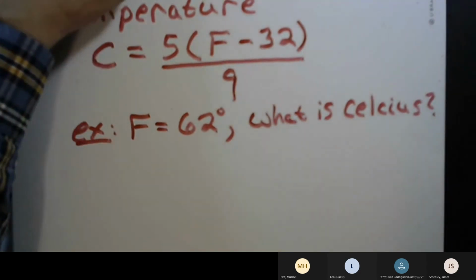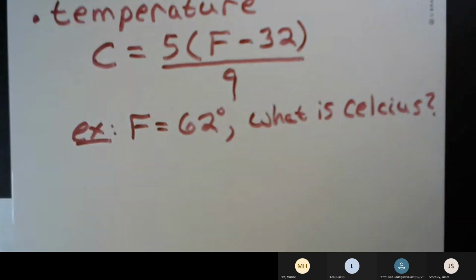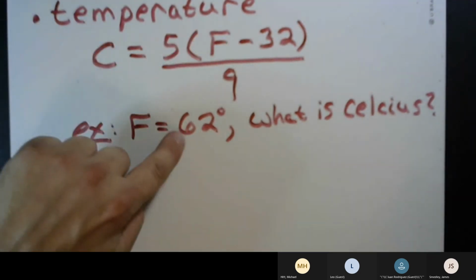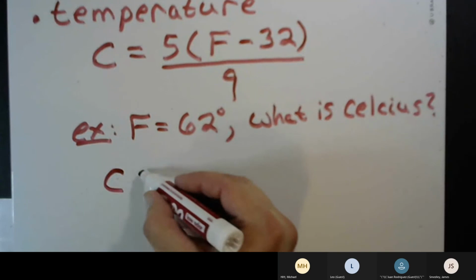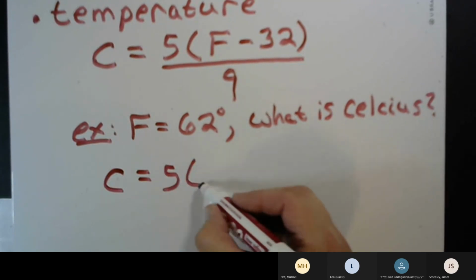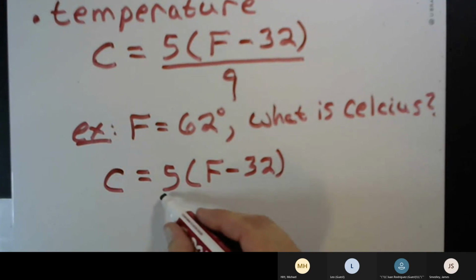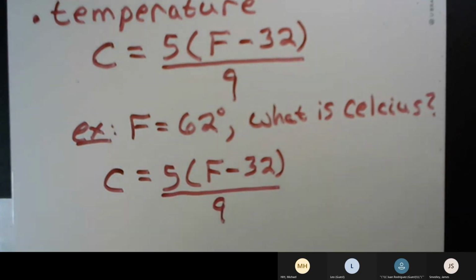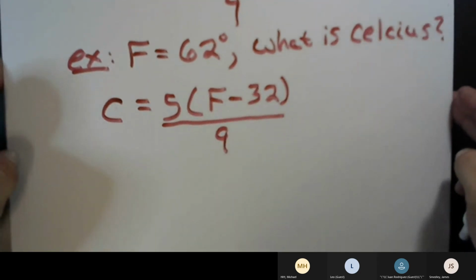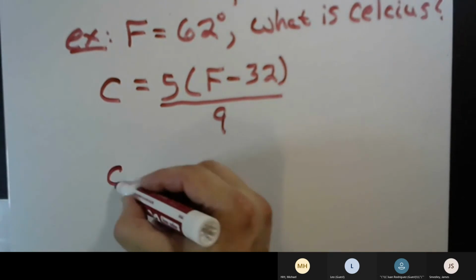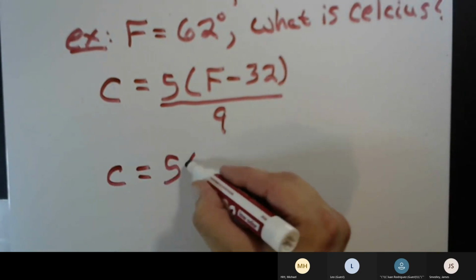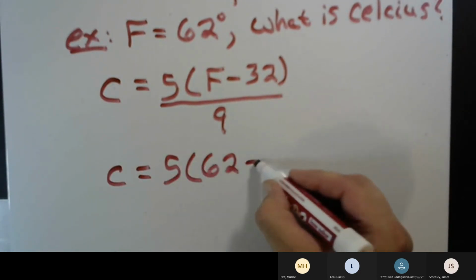So again, we're going to substitute this F with 62. We'll find out what the current temperature is in Celsius. So here's our equation, or our formula. Now we replace the F with the 62.